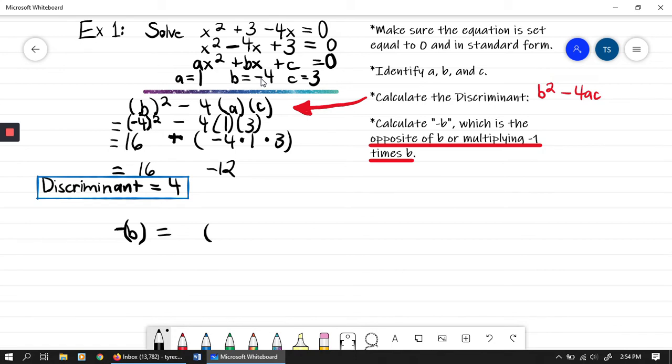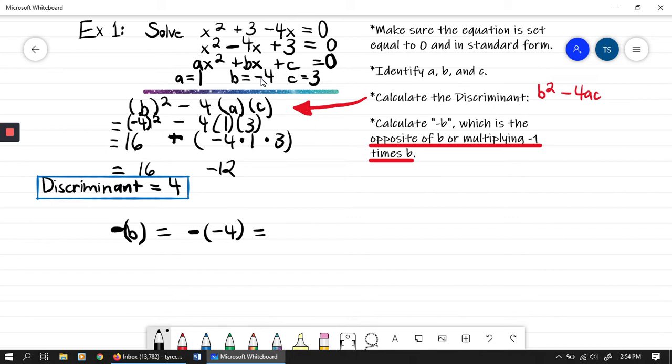Since b is negative 4, we're going to take the opposite sign of it. That's what happens when you've got that negative in front of it. You're doing the opposite sign of negative 4, and so it's like you're multiplying negative 1 times b, because technically that's the coefficient, negative 1.